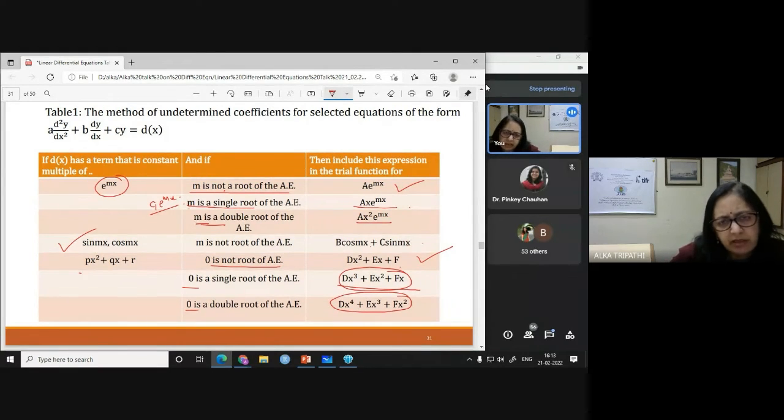You can see this method of finding yp by undetermined coefficients is easier because there is no integration in our work. We were just differentiating, substituting, and getting the values of constants. So the method is easier, but it is possible only for special cases, not all cases.